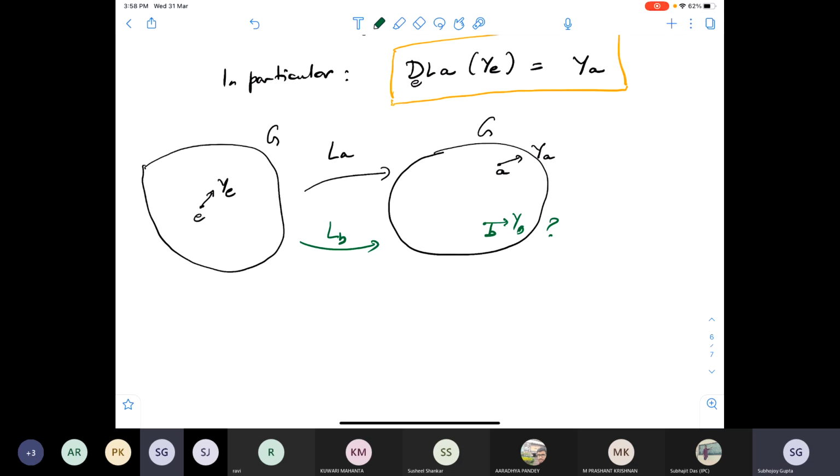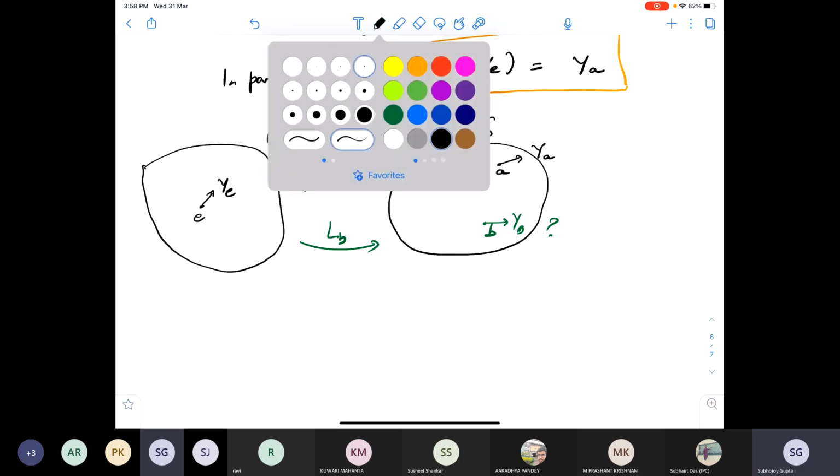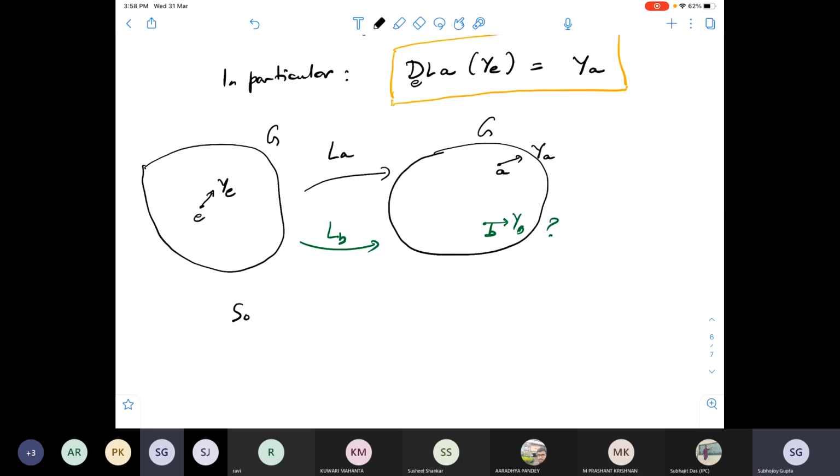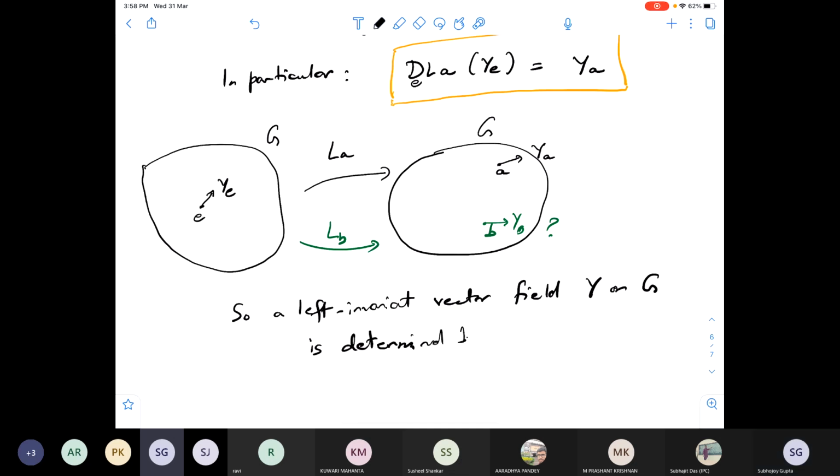Let me just write it as follows. A left invariant vector field Y on this Lie group G is actually determined completely by what it is at the tangent space at the identity.